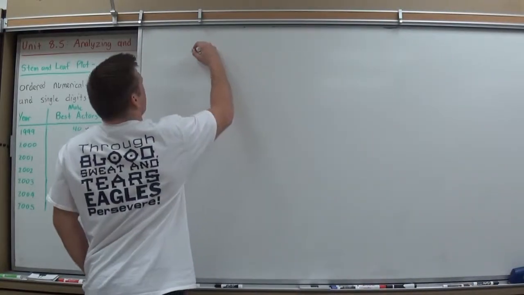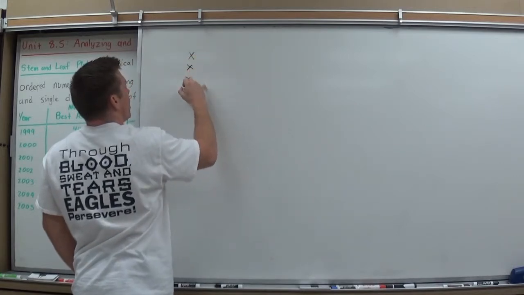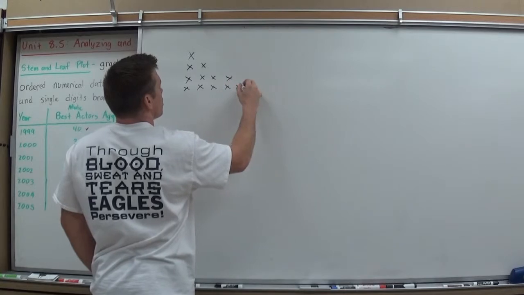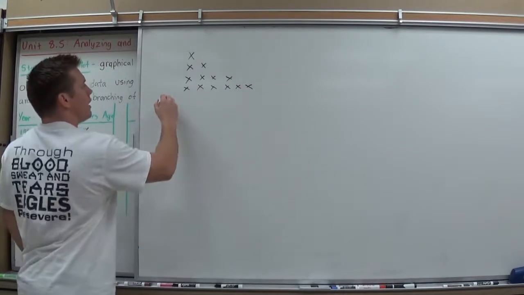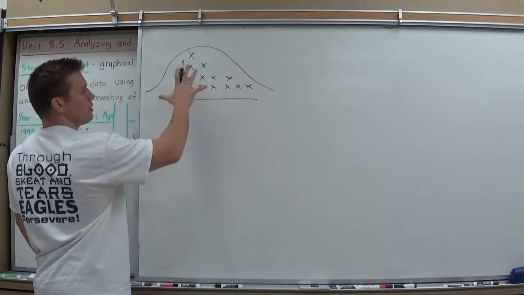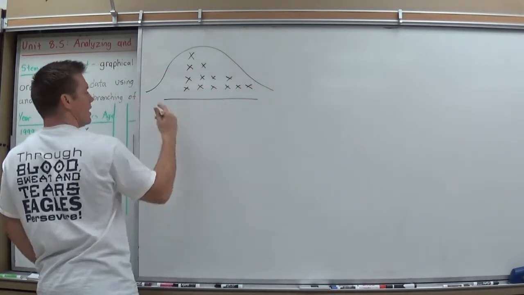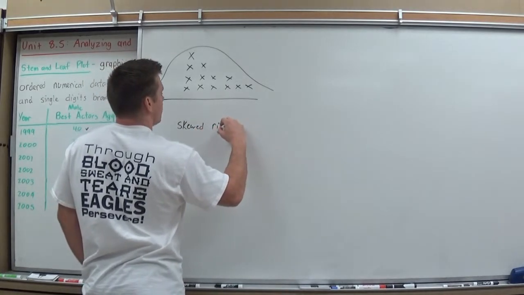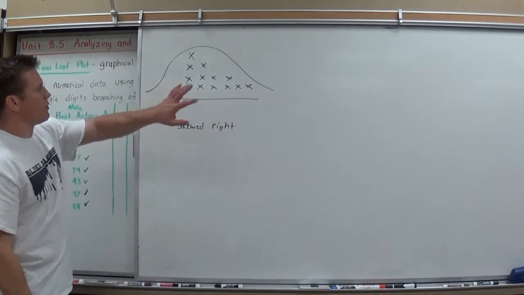So for example, here's a quick dot plot. In this dot plot, the data is skewed to the right, because the majority of my data is on the left-hand side. And a lot of us have trouble with that. Why is that skewed right? It looks to me like more data is on the left.